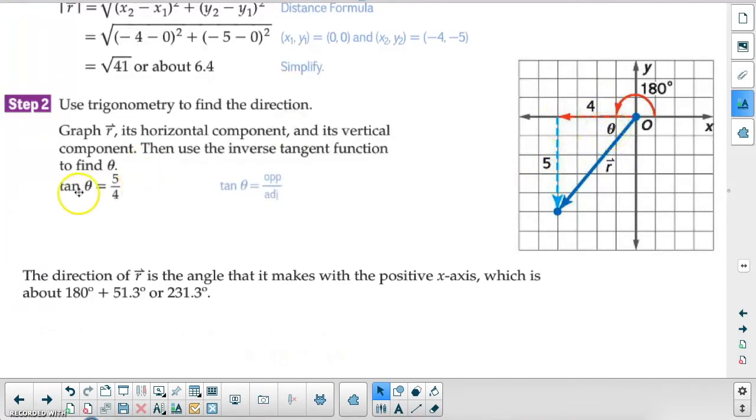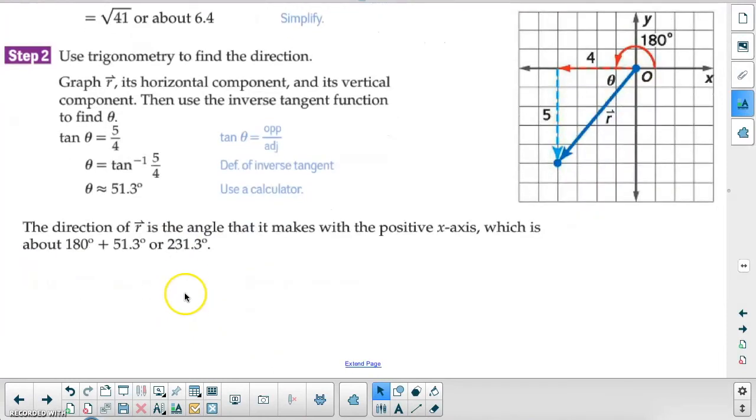So we're going to be using tangent equals opposite over adjacent. So tan theta equals 5/4. We use the inverse tan of 5/4 to solve for the angle. So that angle is approximately 51.3 degrees. But because the direction of r is the angle from the positive x-axis, we have 180 plus 51.3 degrees, or 231.3 degrees.